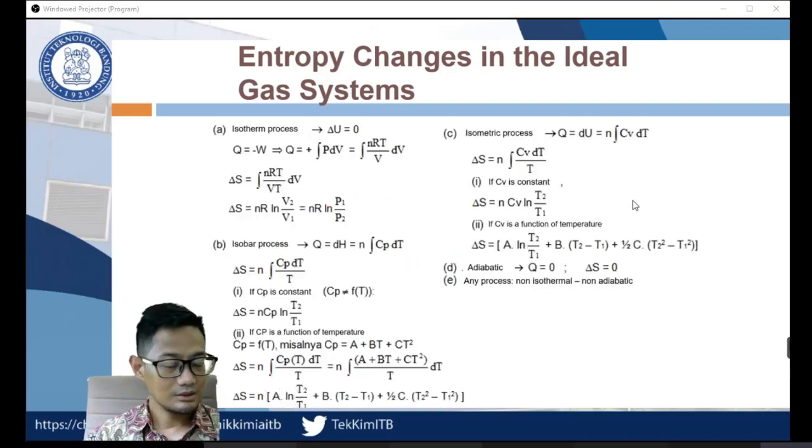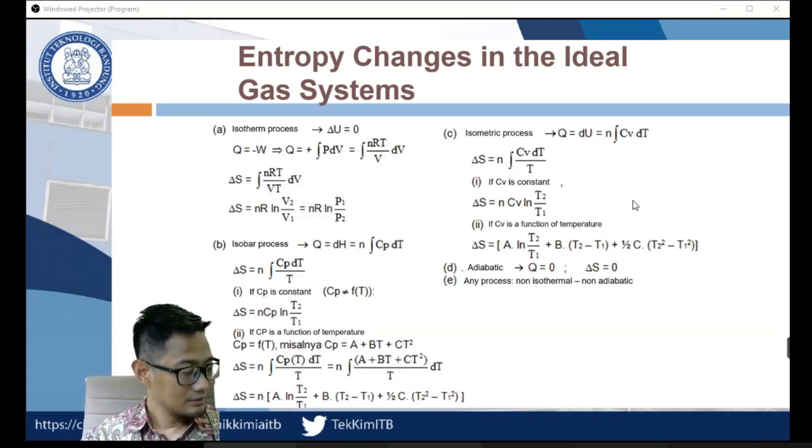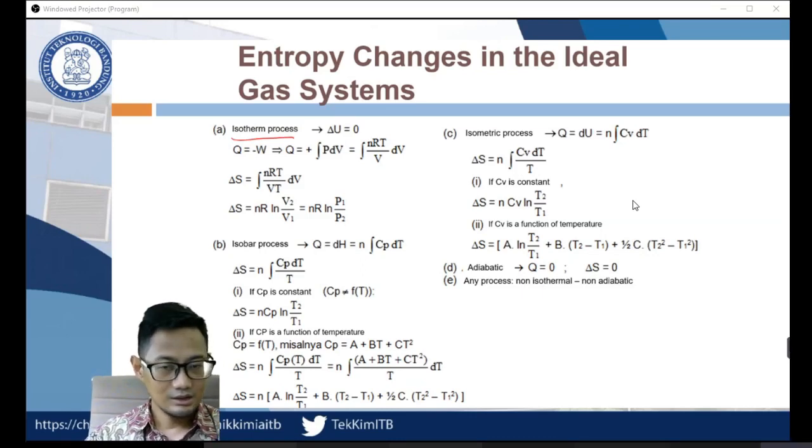Okay, now let's see when we put the entropy change into the ideal gas system that we used to work with. The first one is the isothermal process. Delta U is equal to 0. You remember about this, right?